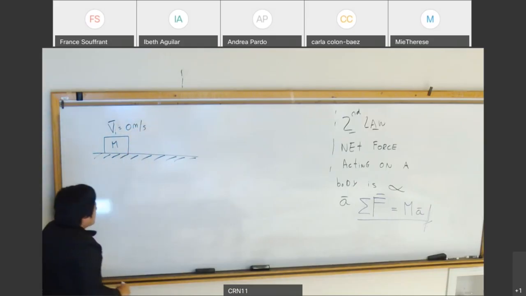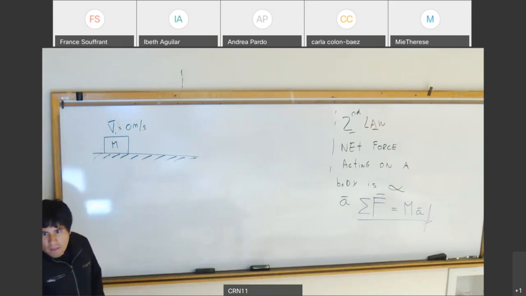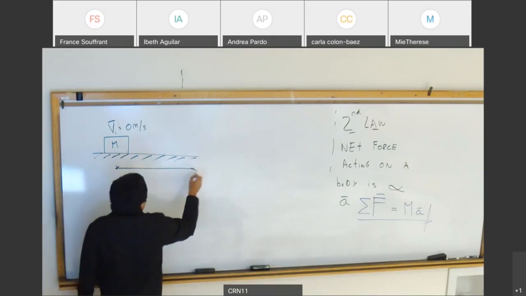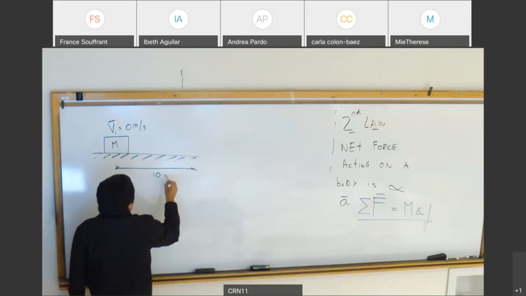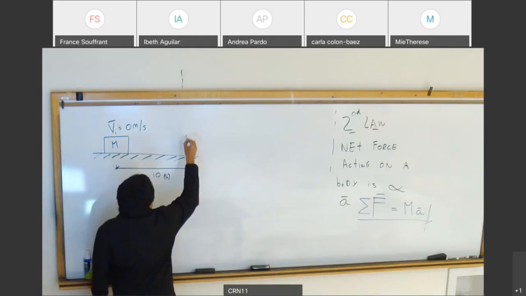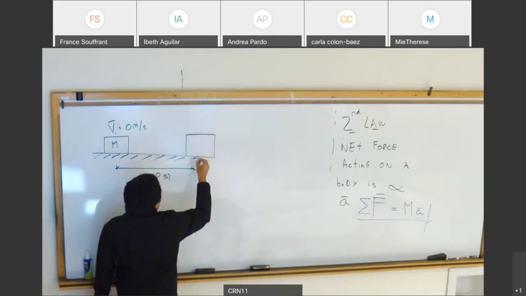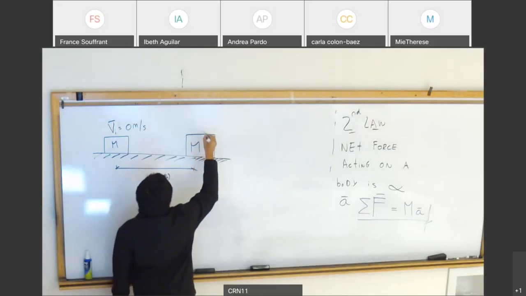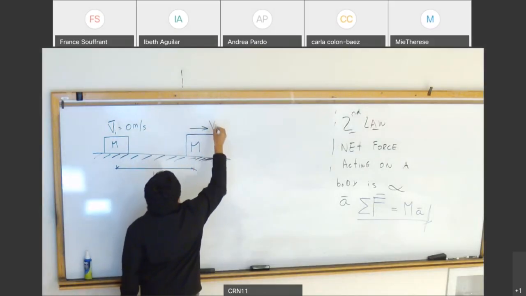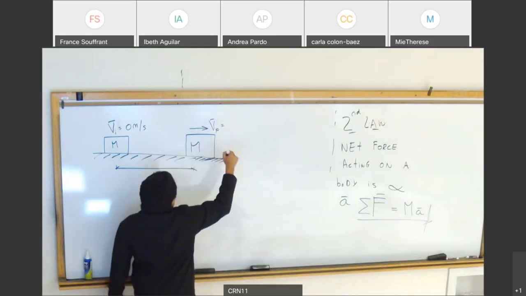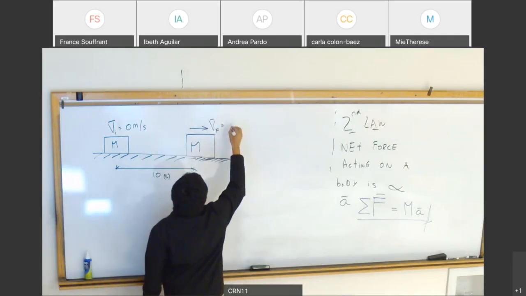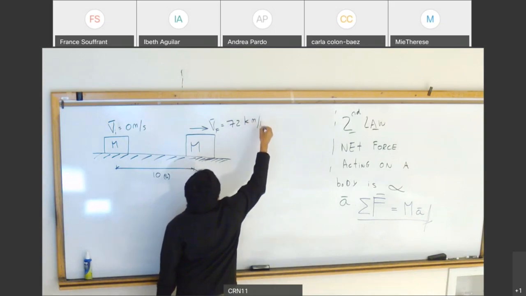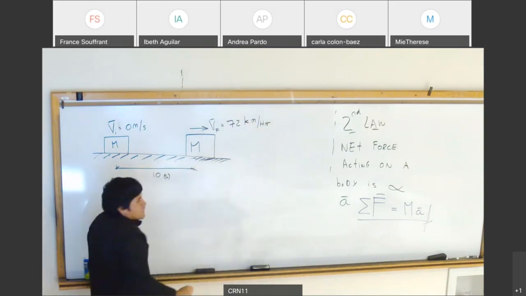It's at rest. In 10 seconds, the object will achieve a velocity of 72 kilometers per hour. I'm going to do a review with you today, combining the units a little bit.